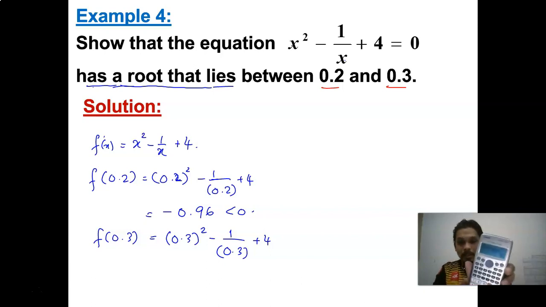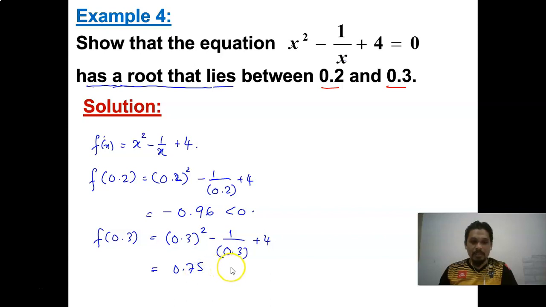Okay, again I get a fraction that I change into decimal. It gives me 0.75666 or 0.57, which is positive, greater than 0.